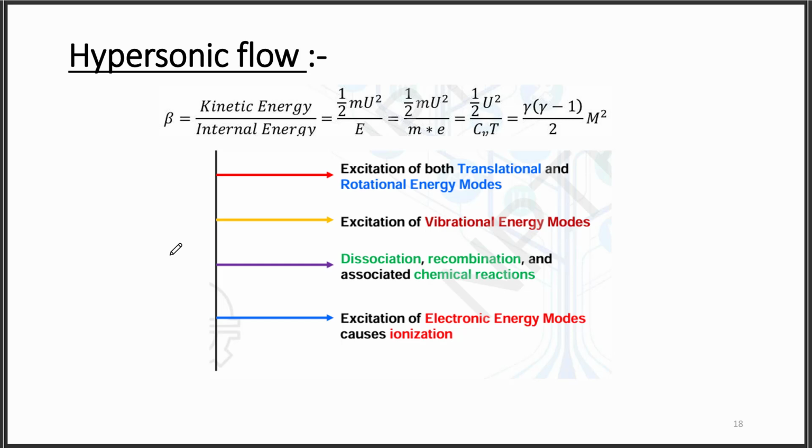So we can define one parameter beta, which is given by the ratio of kinetic energy and internal energy.